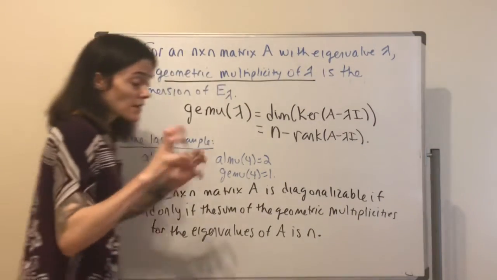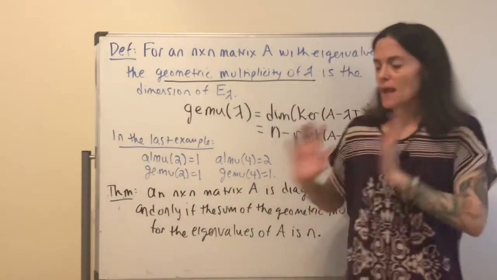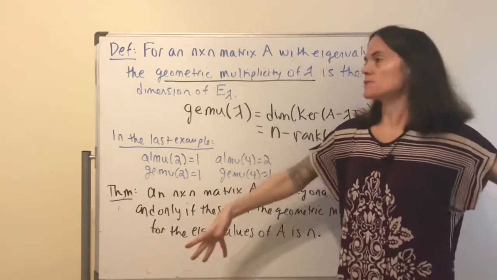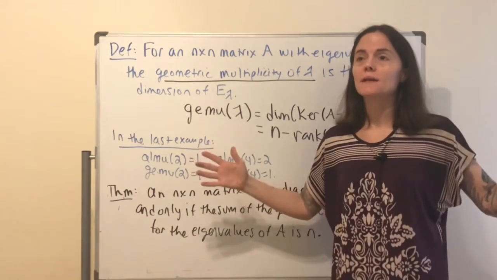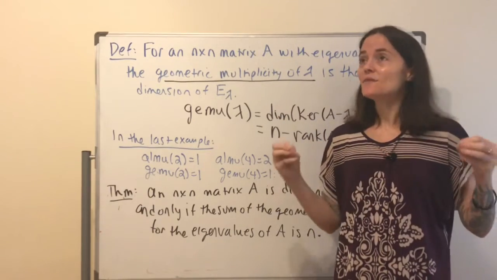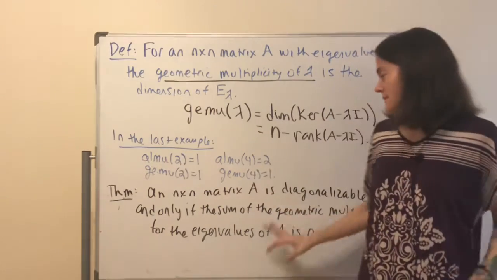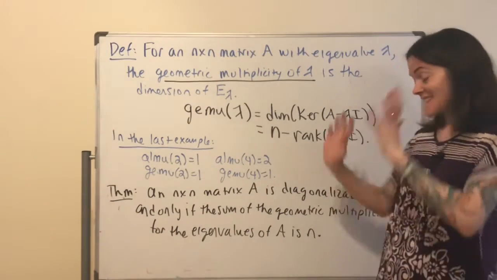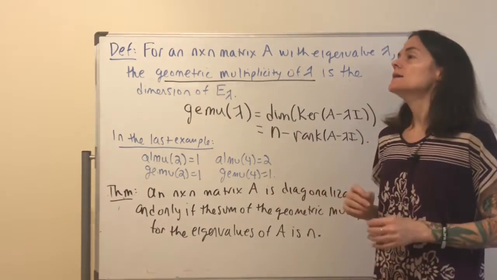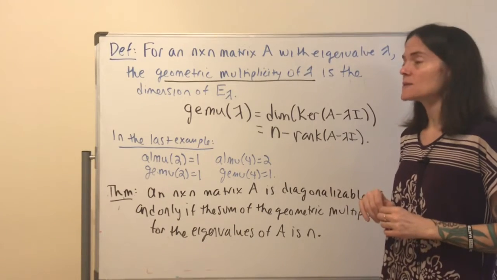And that's pretty clear if you think about it. We have all of these eigenspaces, and if you take a vector in one and a vector in another, they will be linearly independent. But if you have enough linearly independent eigenvectors in each eigenspace so that the total sum of the geometric multiplicities is n, or the dimensions of all the eigenspaces add up to n, then A will be diagonalizable.